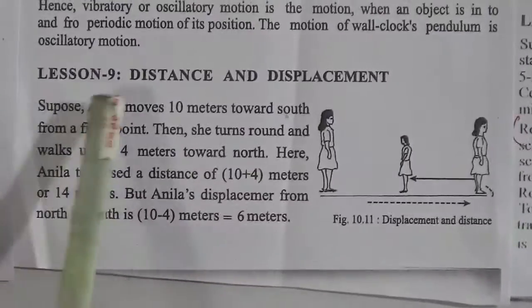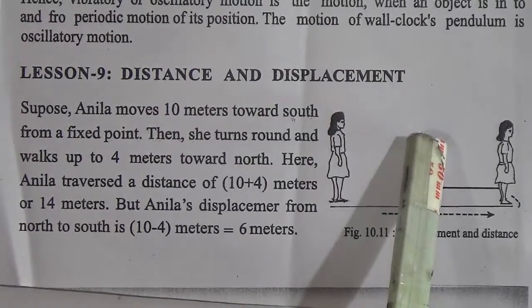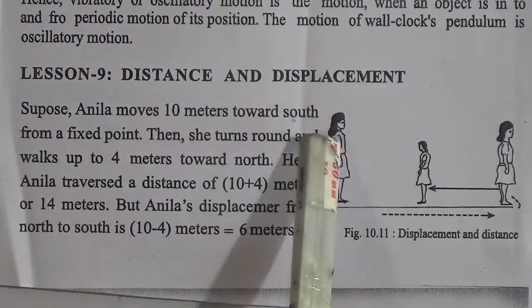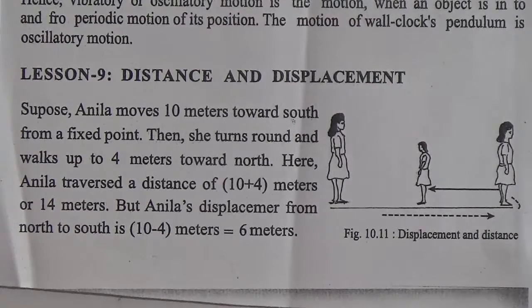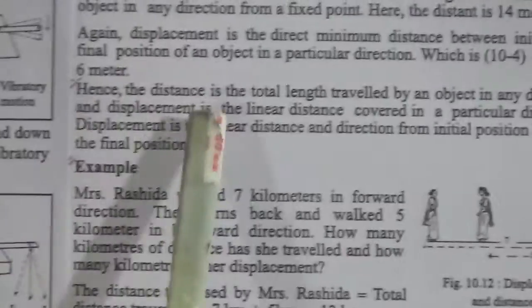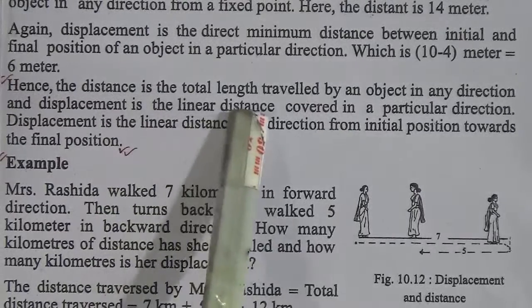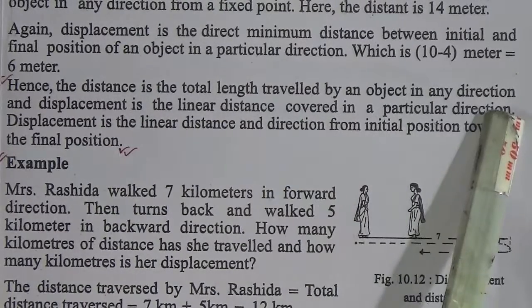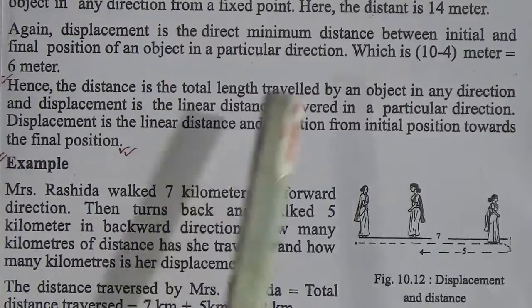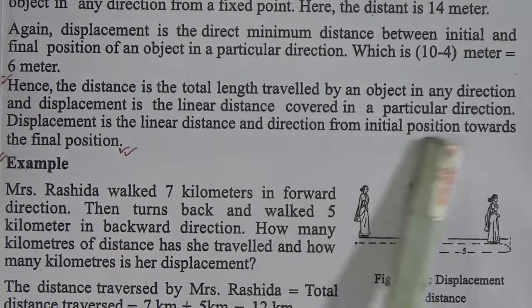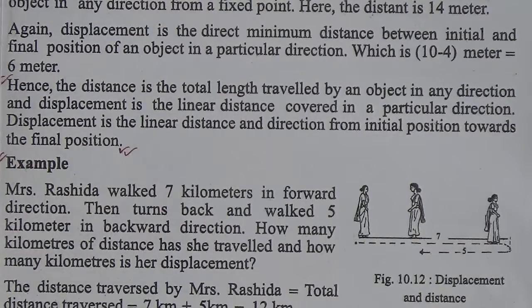Now lesson number 9, distance and displacement. Distance is the total length travelled by an object in any direction, and displacement is the linear distance covered in a particular direction. Displacement is the linear distance and direction from the initial position towards the final position.